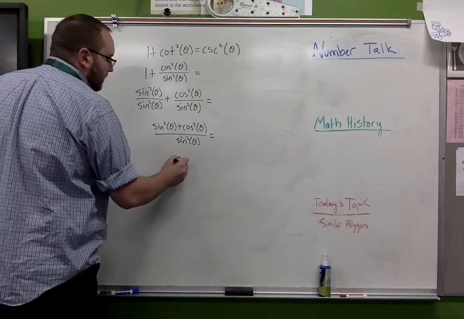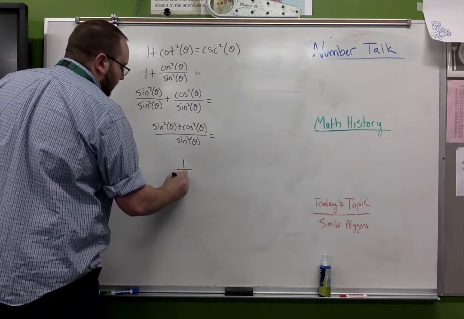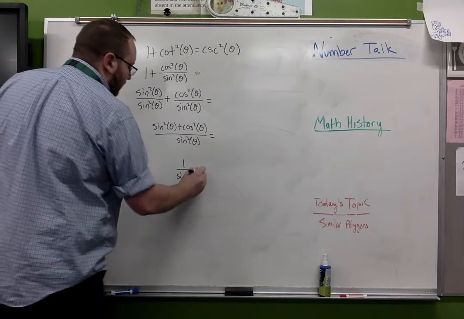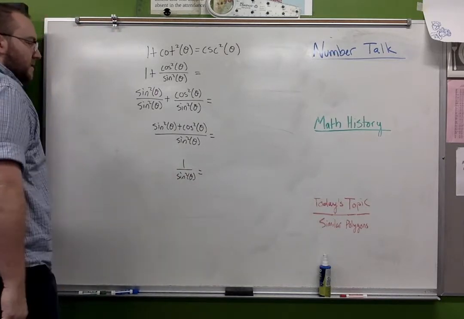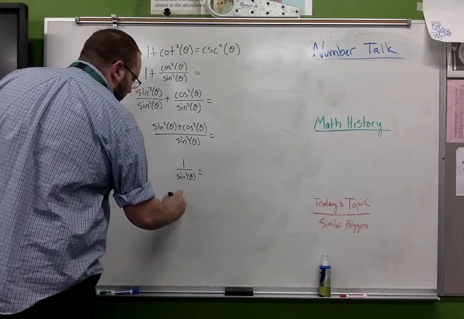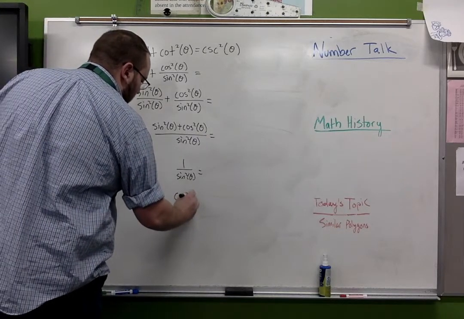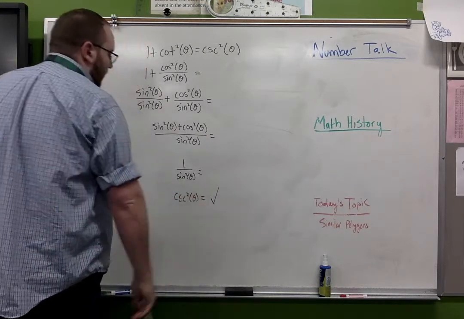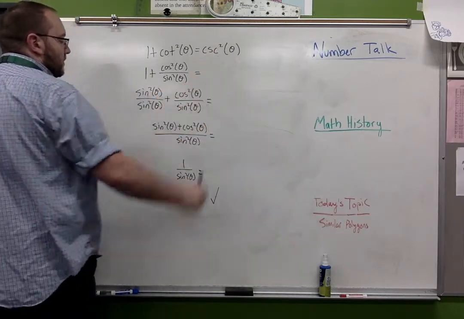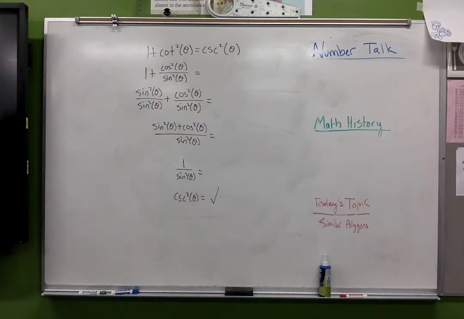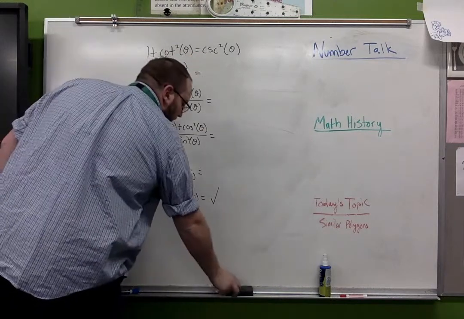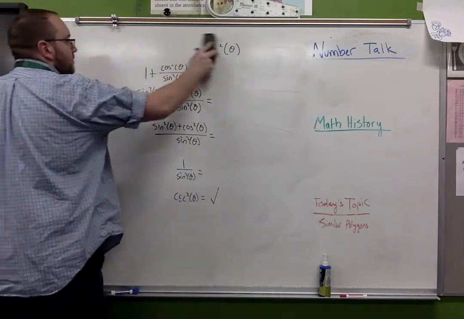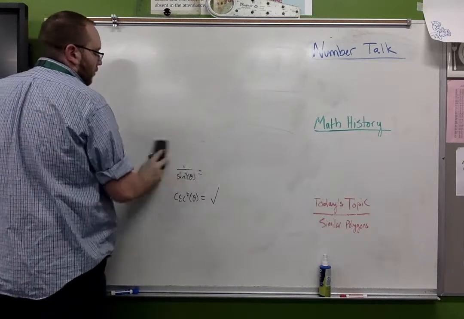So the numerator is now 1 over sine squared theta. This is a reciprocal identity. It says that 1 over sine is equal to cosecant. Verified. Cosecant squared is equal to cosecant squared. And we're done. We just proved that this identity is true. I guess verified it. It wasn't a formal proof.